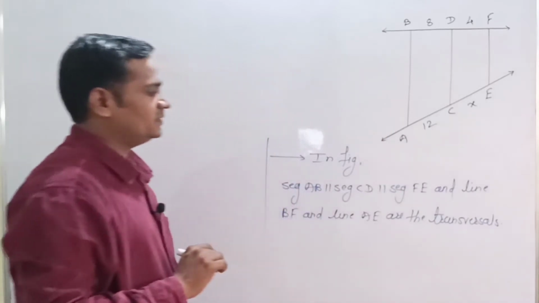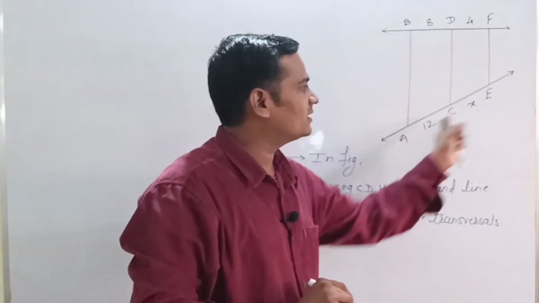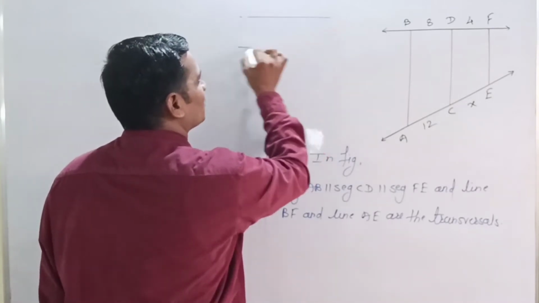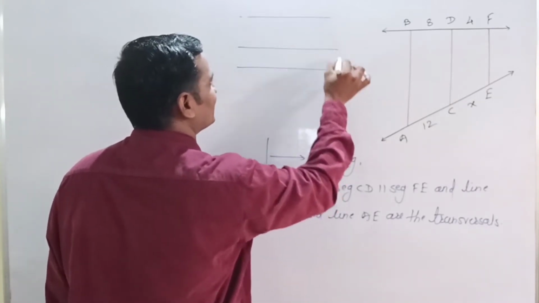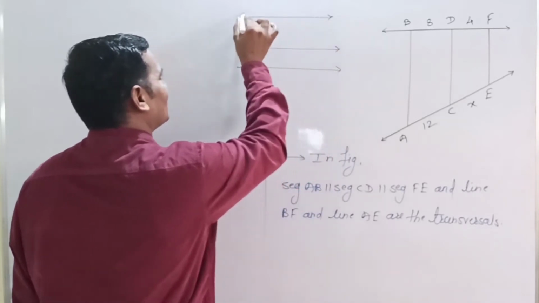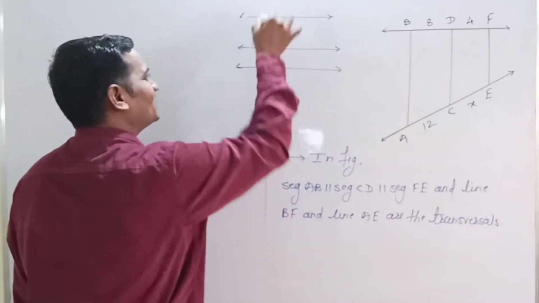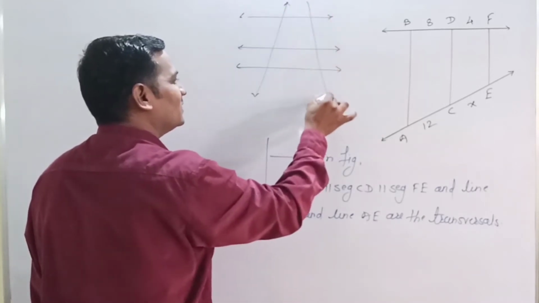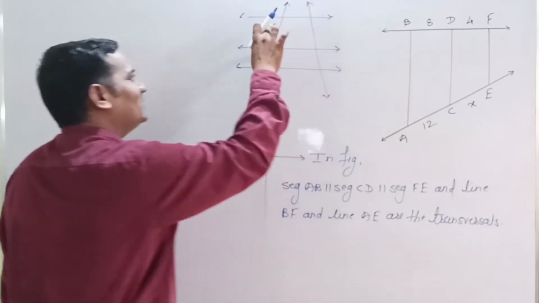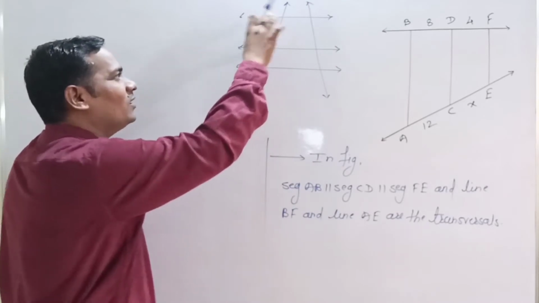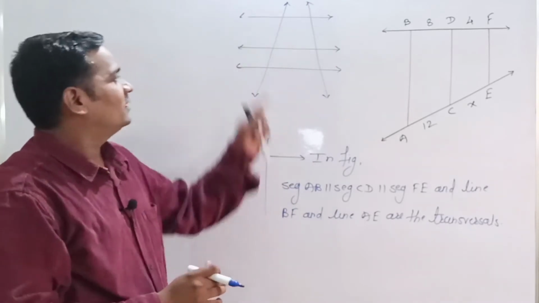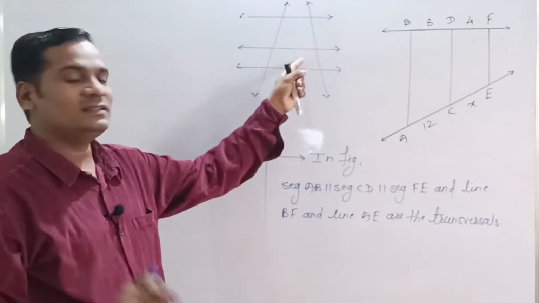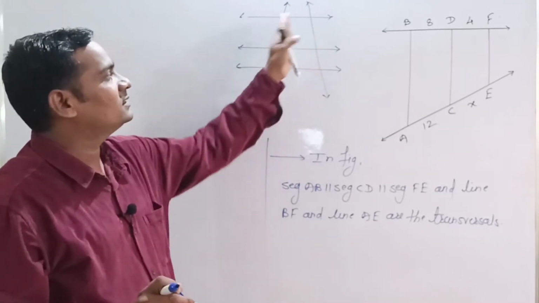Now if these two lines are the transversals, then we know the property of three parallel lines and their transversals. If these are the three parallel lines and these are the two transversals, then the ratio of intercepts made by three parallel lines on the first transversal is equal to the ratio of corresponding intercepts made by the same parallel lines on the second transversal.